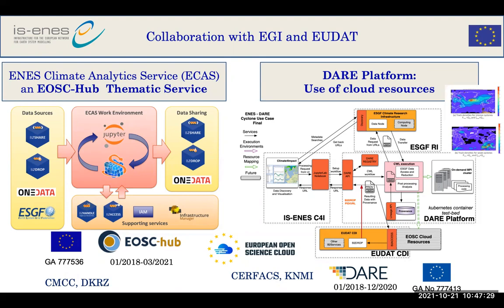And we also have a collaboration within the DARE platform that is more using the Climate for Impact. EasyNess SIG4I is the Climate for Impact, as an interface to go and fetch the data from Earth System Grid Federation, then uses the DARE platform to use the cloud computing aspect, and exchanging the data using EUDAT.